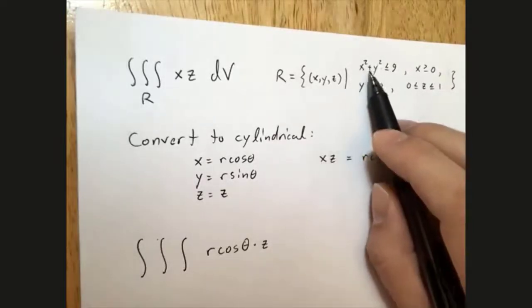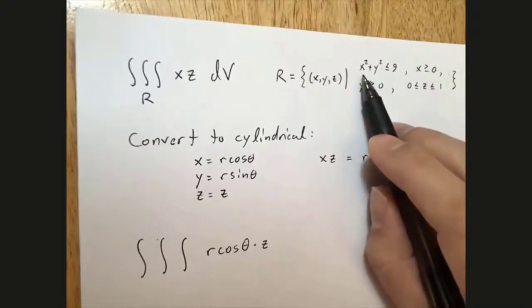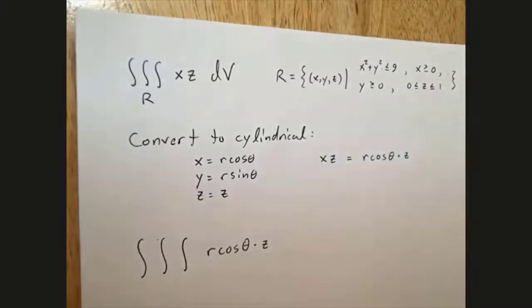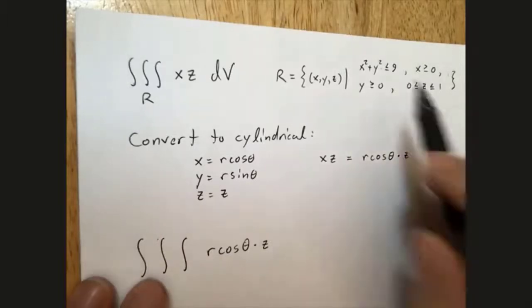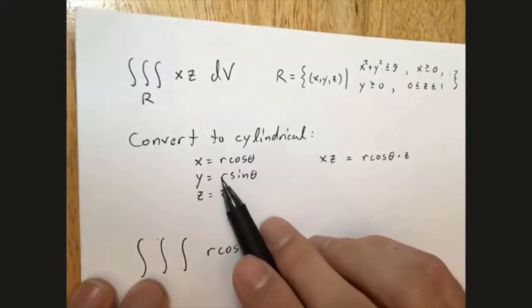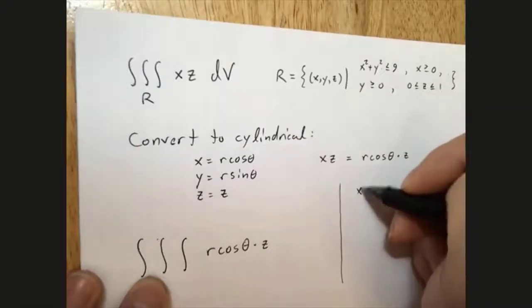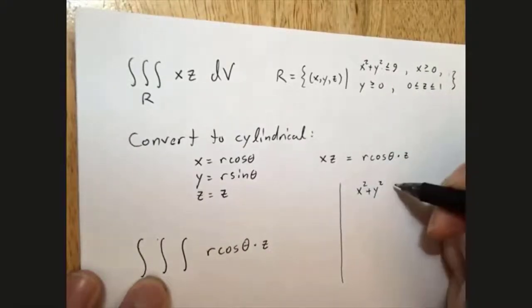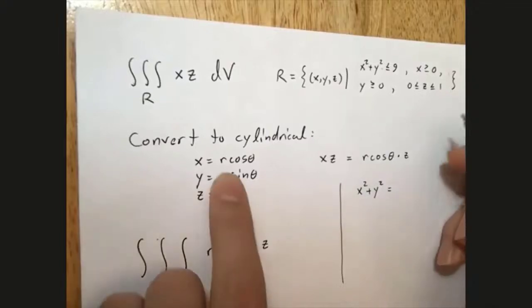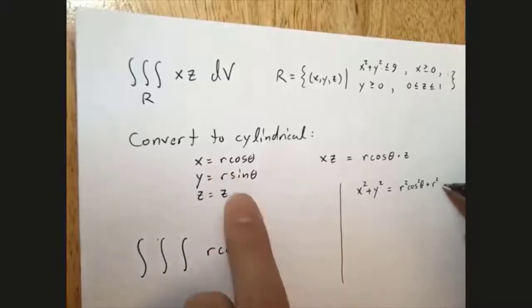We said that x squared plus y squared equals 9 is a circle. So if I'm saying that it's less than or equal to 9, we're inside the circle. It's actually a disk. It's the interior of a circle of radius 3. Now, what does x squared plus y squared become when we use these coordinates? Well, x squared plus y squared is the same as r squared cosine squared theta plus r squared sine squared theta.